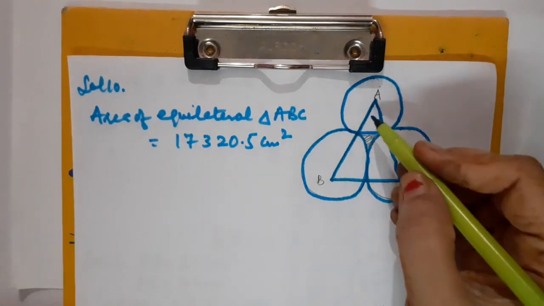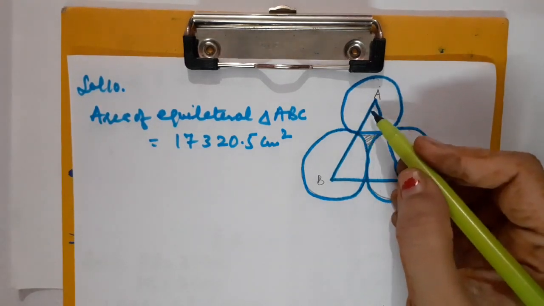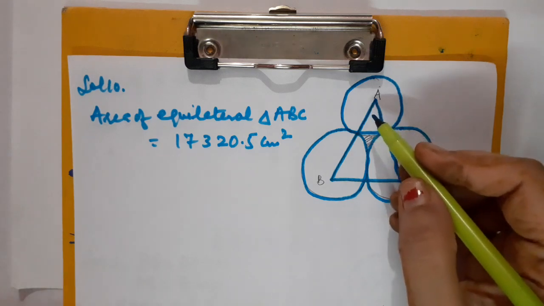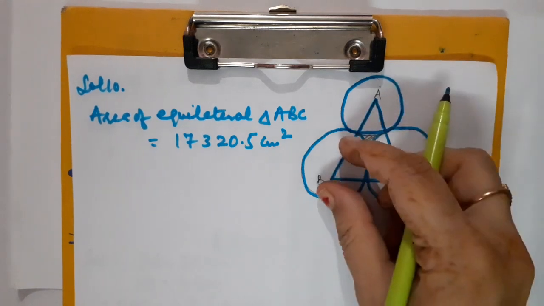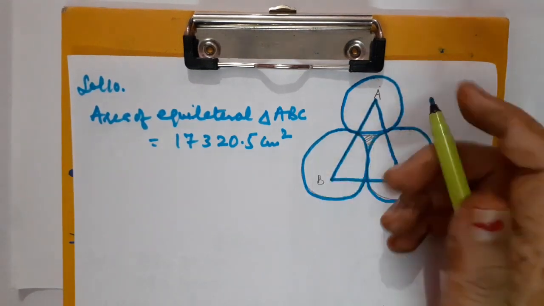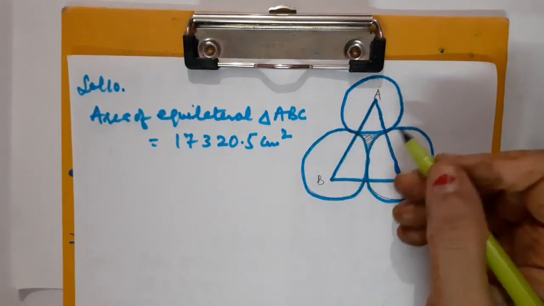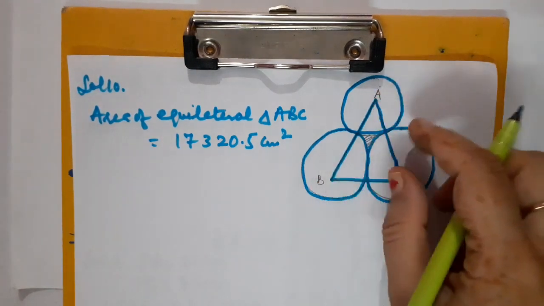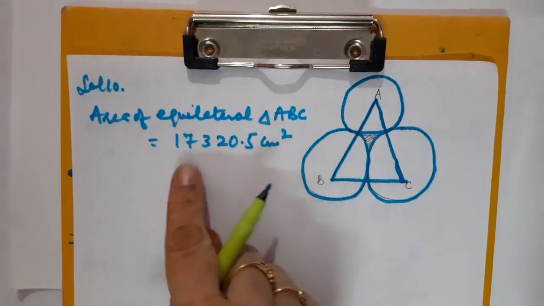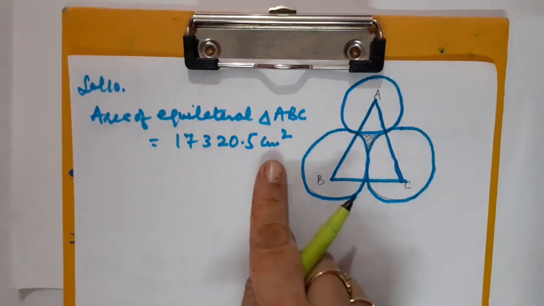Okay. And the radius of each and every circle is given: the length of the radius is nothing but half of the length of the side of the triangle. So first of all, as the area of the equilateral triangle is given, we do not know its side.